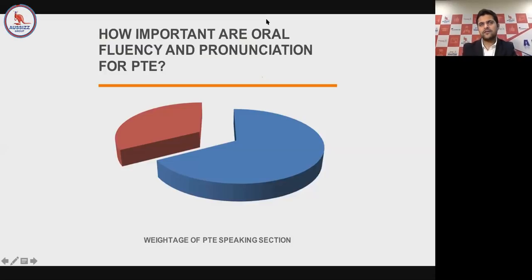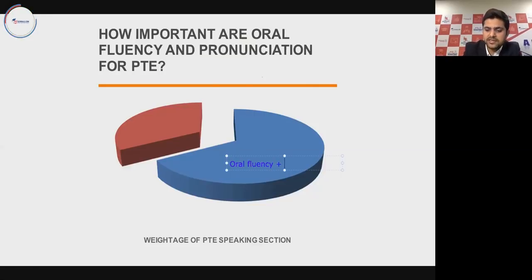So if one task, say read aloud, has 15 marks, 5 marks would come from content, but 10 marks come from oral fluency and pronunciation. So 2/3 of your entire score for the speaking section depends on how well you have performed in oral fluency and pronunciation. So this is the importance of oral fluency and pronunciation for the speaking section.